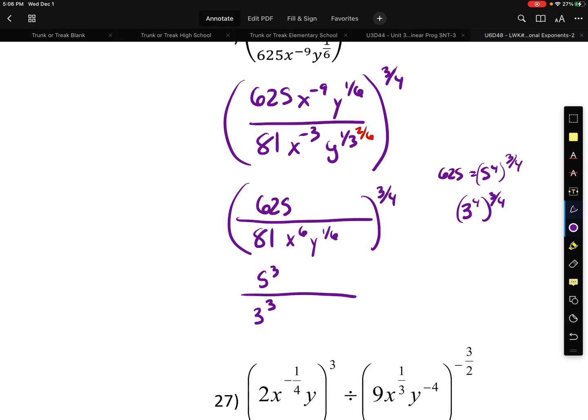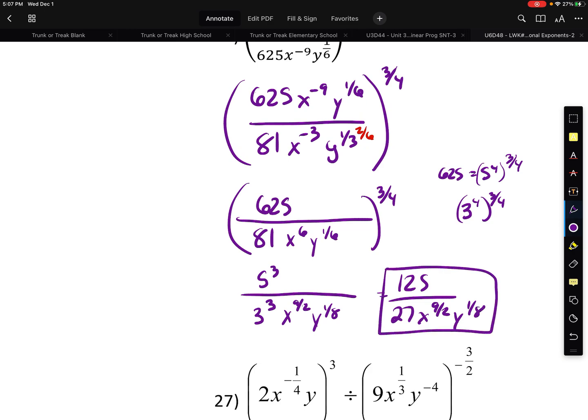Yeah, 9 over 2. 1/6 times 3/4, I have 3 over 24, which is 1/8. So I'd have 125 over 27 x to the 9 over 2 y to the 1/8. Done.